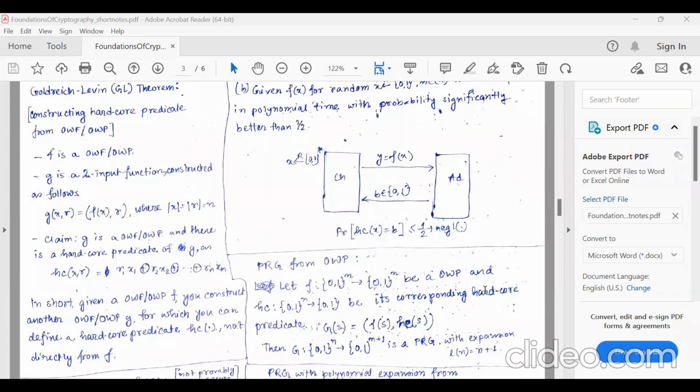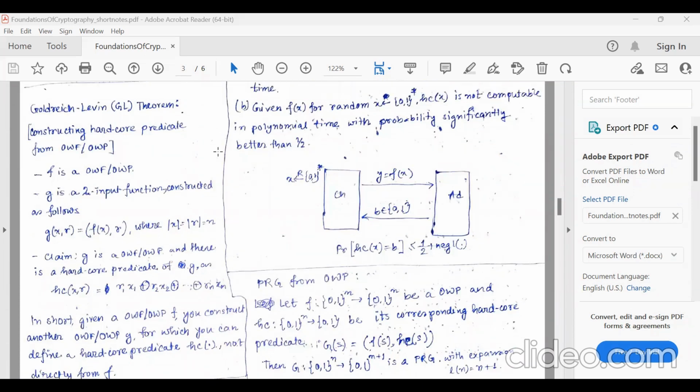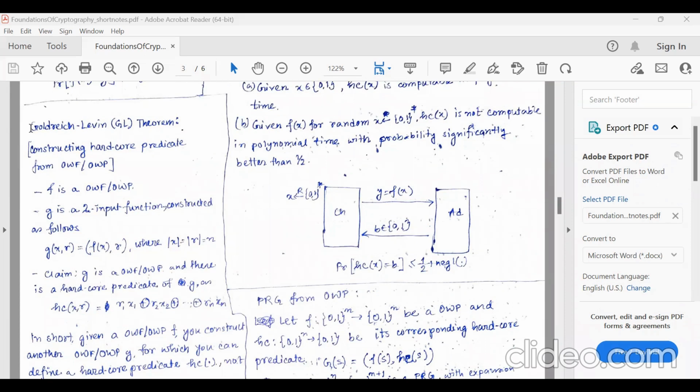Now, how does this hardcore predicate come to use? Here you see there is the Goldreich-Levin theorem, GL. This theorem proposes that if a one-way function exists, then you can construct a hardcore predicate from it. But this construction is not directly straightforward.